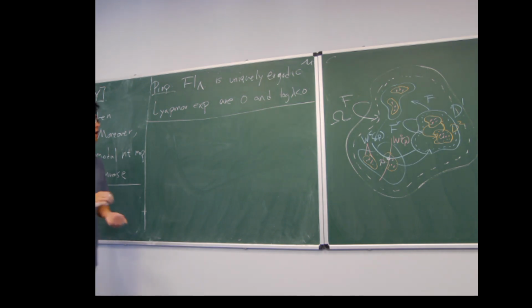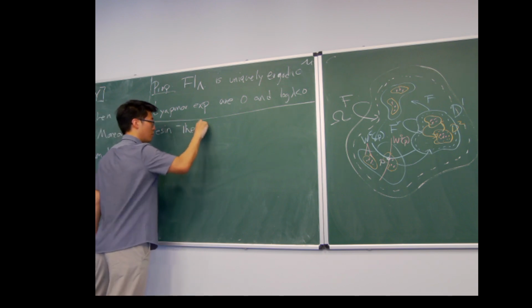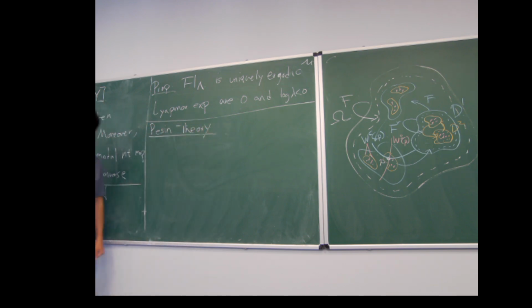But the result is about invariant measures. Right. Okay, so we have this stable and center manifold, and to understand their geometry, we're going to employ Pesin theory, which will tell us the following.